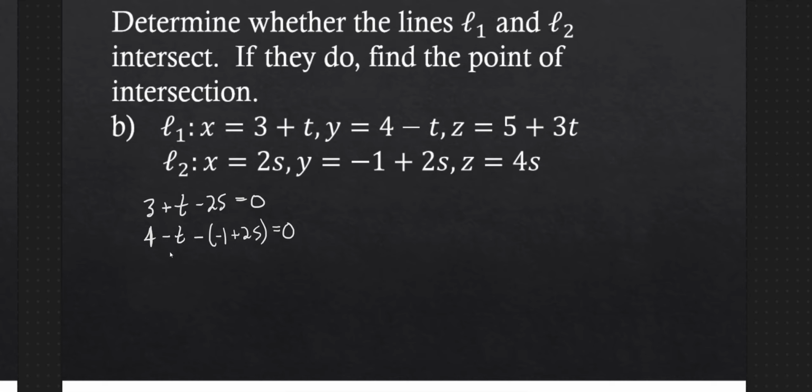And then the z's, 5 plus 3t minus 4s also has to be equal to 0. So here's my system of 3 equations, my linear system. And now I can start solving this. Maybe here I want to do a little bit of algebra. So this is the same as, let's see, 4 minus negative 1. So that's 5 minus t minus 2s.